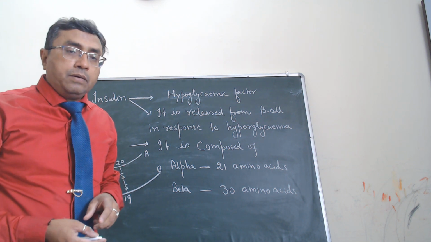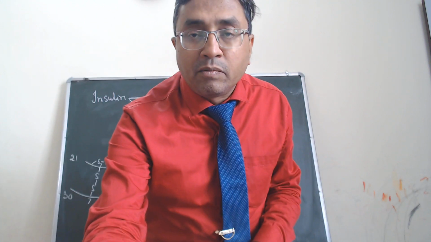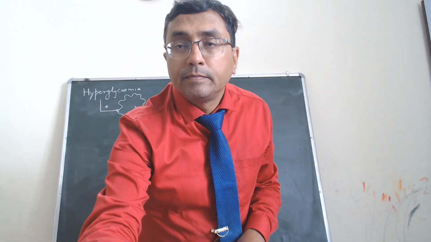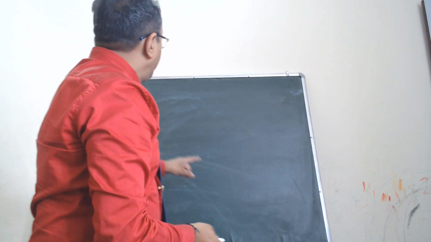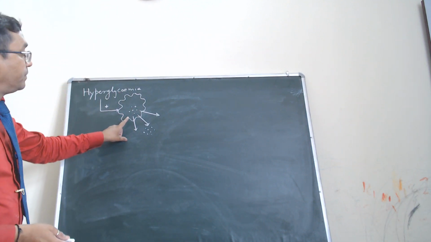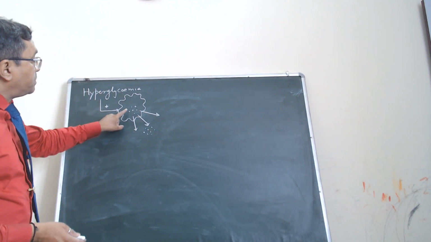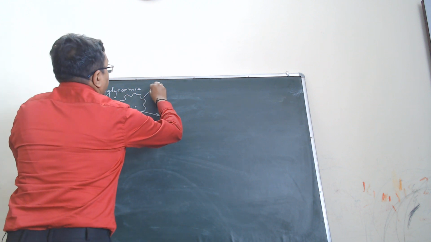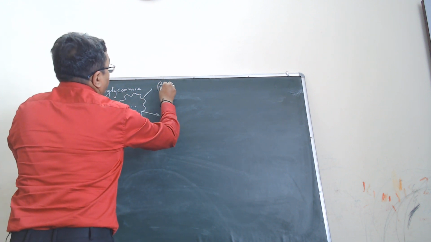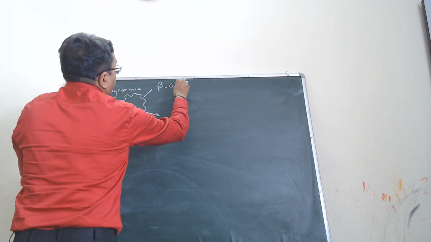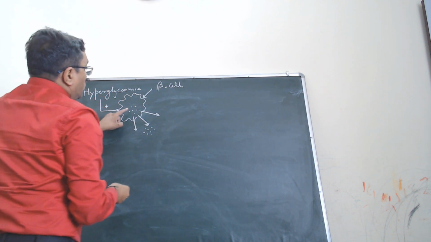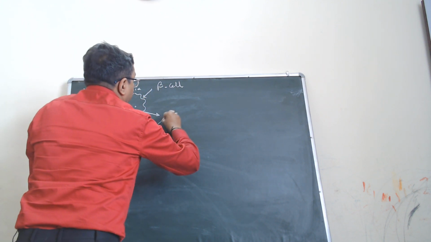Is it okay? Now the next diagram. Hyperglycemia stimulates beta cell to release insulin.